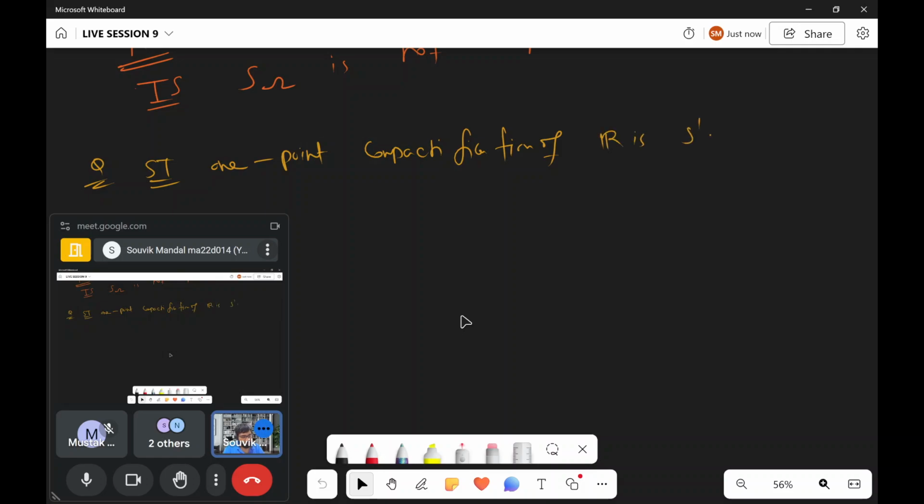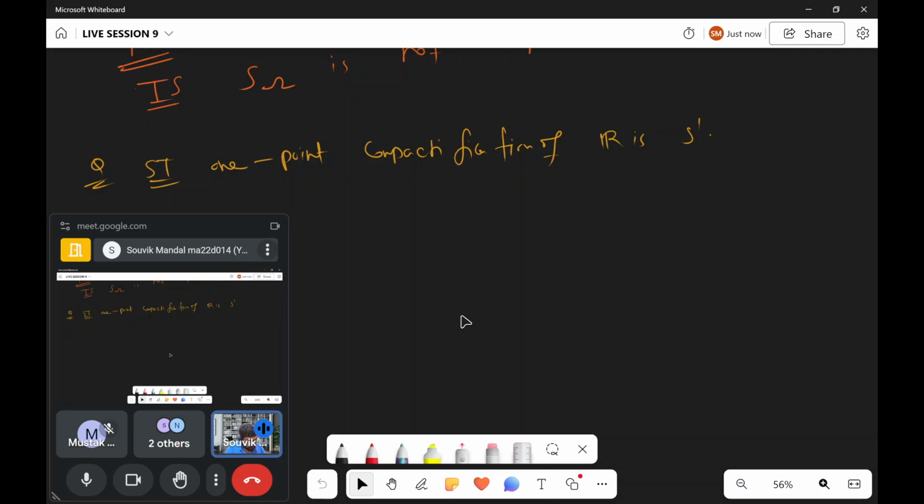So if we have R, the full real line, and we attach one point outside it, then it will be S1. This is not obvious, but you need to prove that the one point compactification is S1. That is what you need to show.